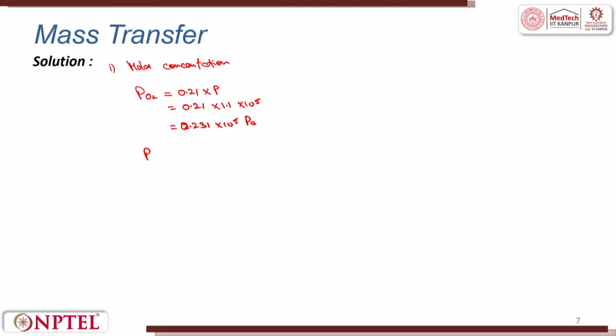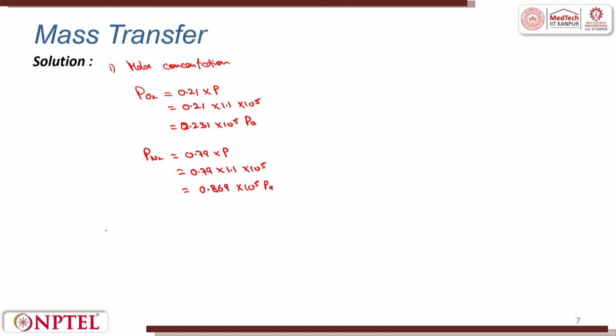Similarly, for nitrogen, it is 0.79 into P, which is equal to 0.79 into 1.1 into 10 raised to power 5. This is 0.869 into 10 raised to power 5 pascals.